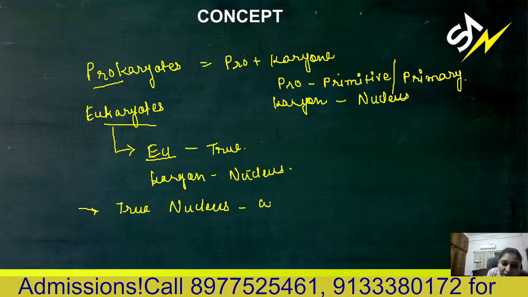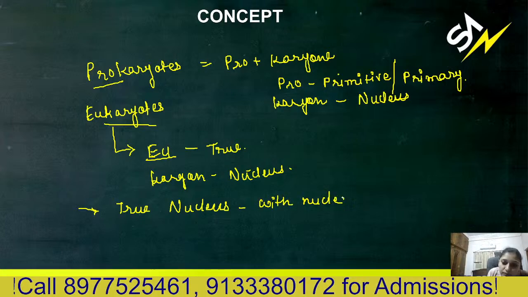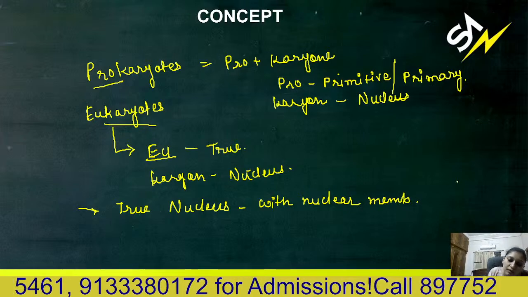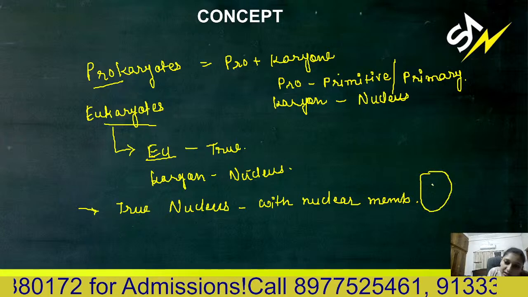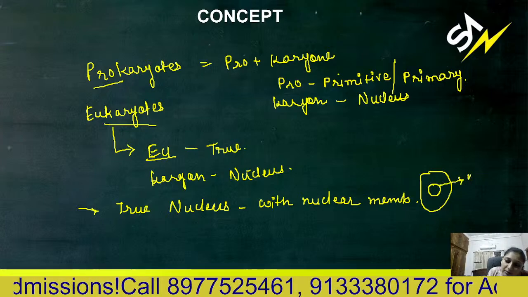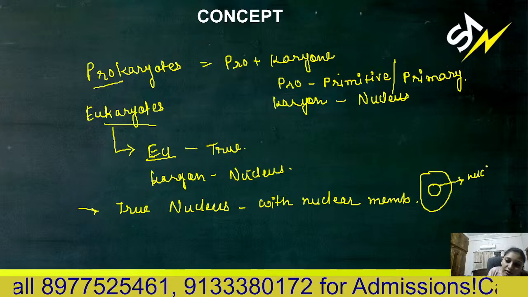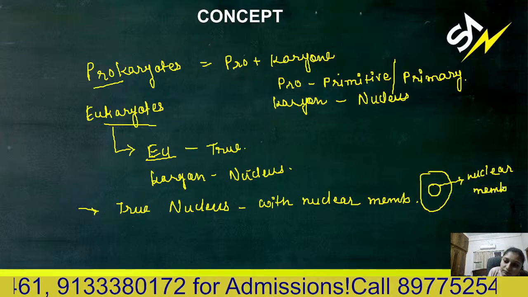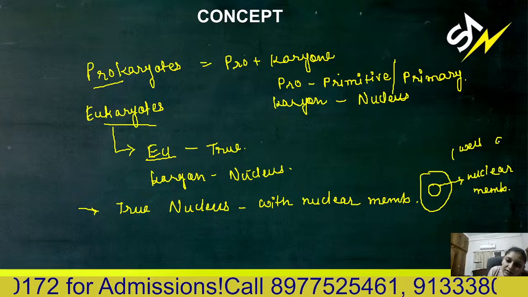True nucleus means with a nuclear membrane. Like in this type of cell, for example, this is the cell, then this is the nucleus with nuclear membrane. A well defined nucleus is there, with nuclear membrane.